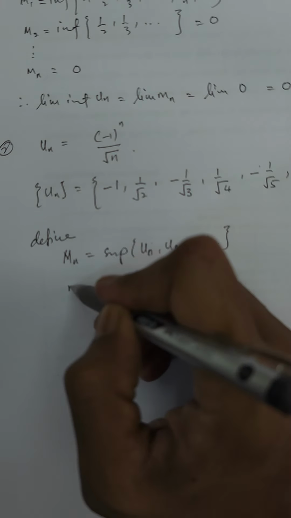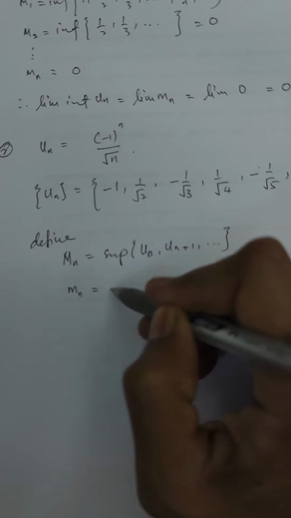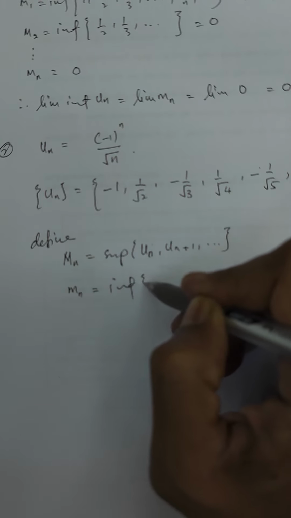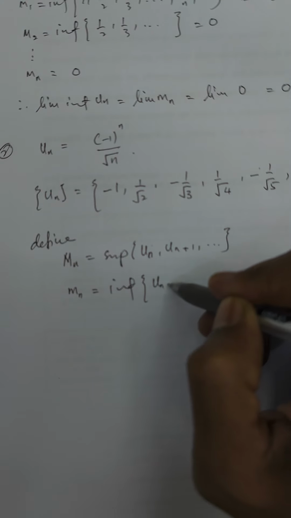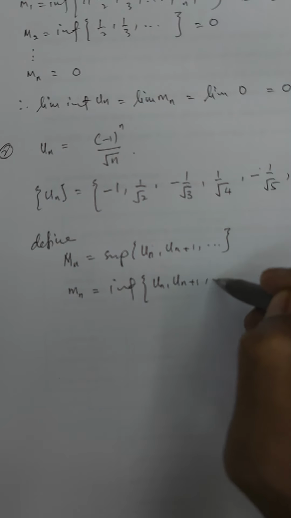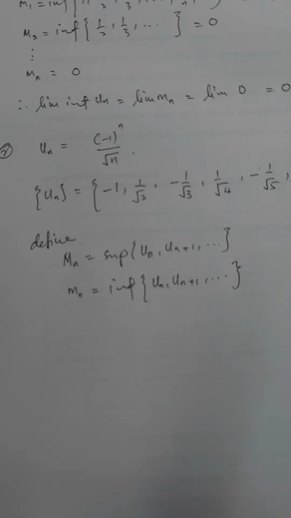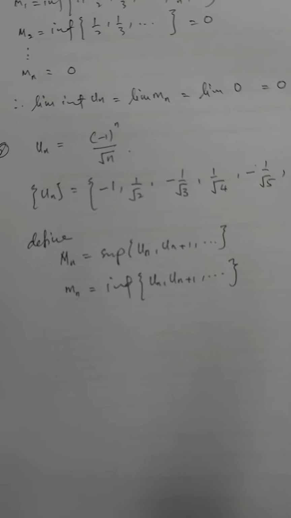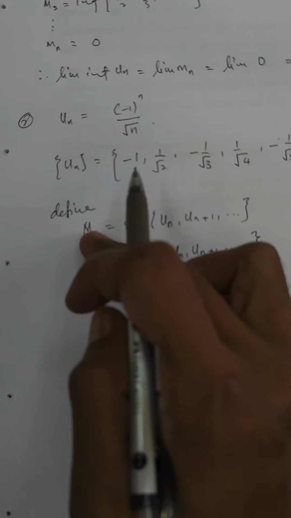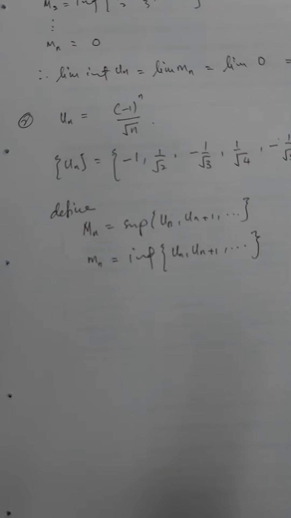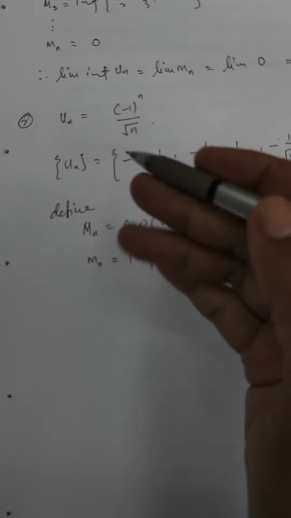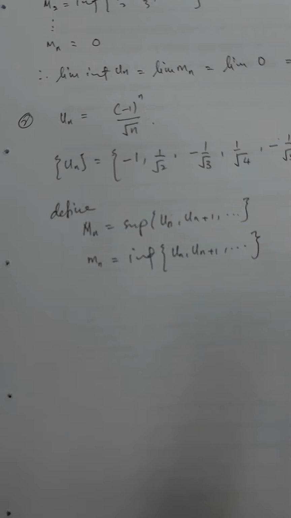And we also define small mn as the infimum of Un, Un+1, and so on. Having done the definitions, we can find what M1, M2, M3, and M4 are.